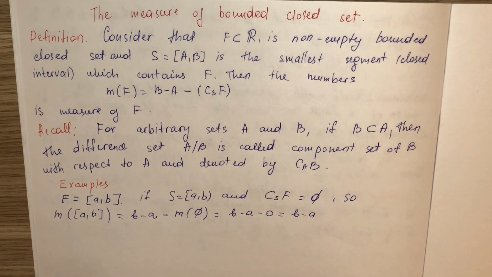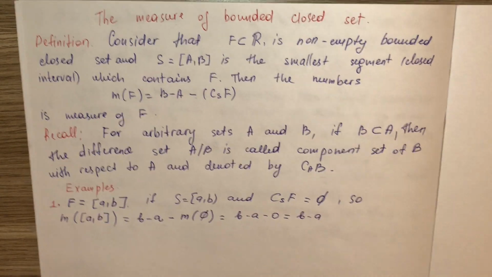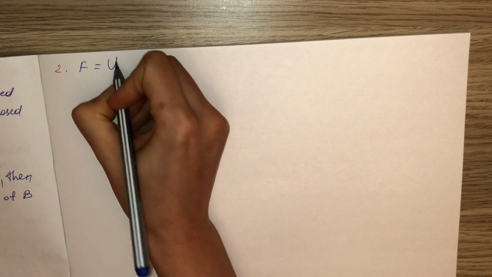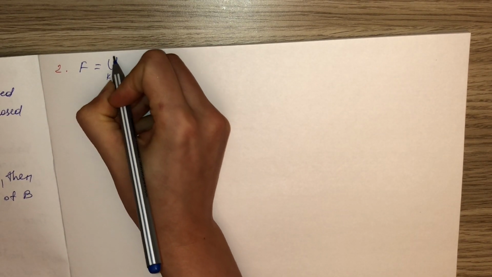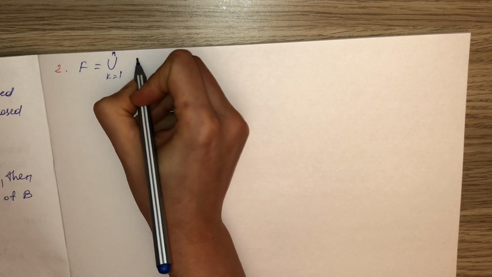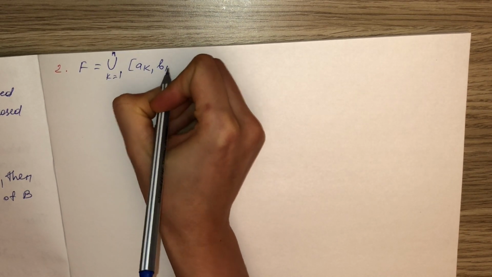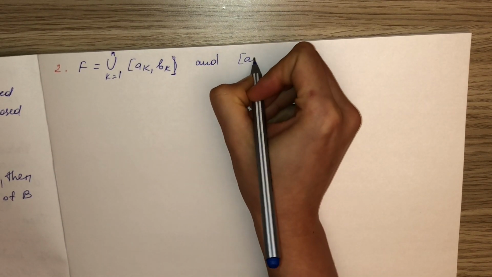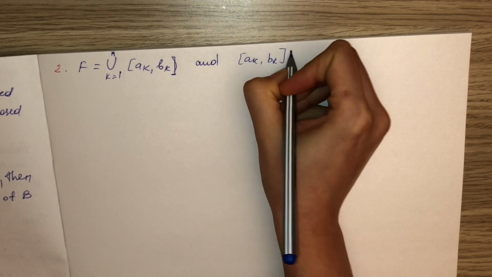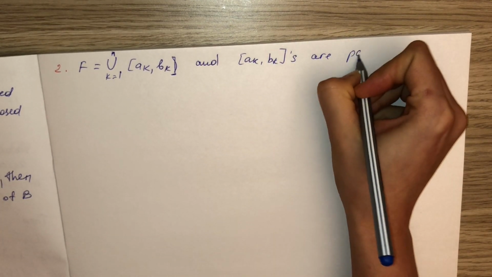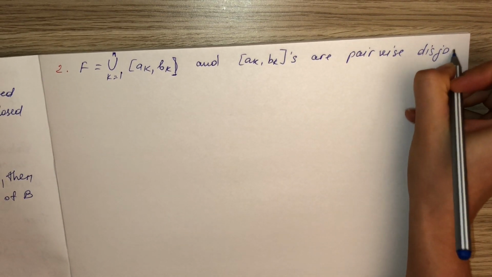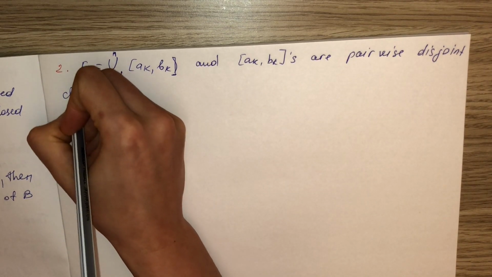Another example. This is our first example. Let's consider another example. Okay, let F be the union of closed intervals [ak, bk], and here the [ak, bk] are pairwise disjoint closed intervals.